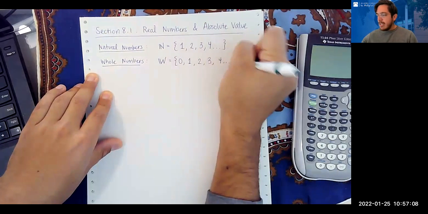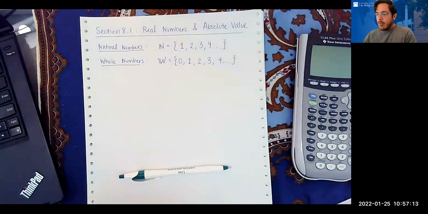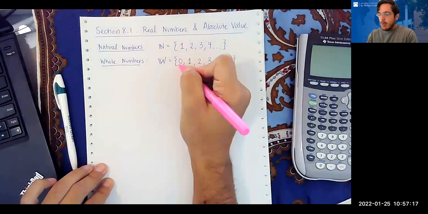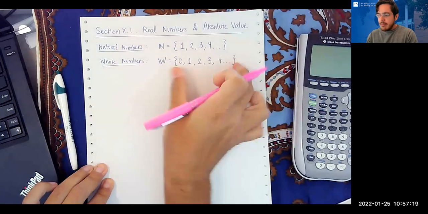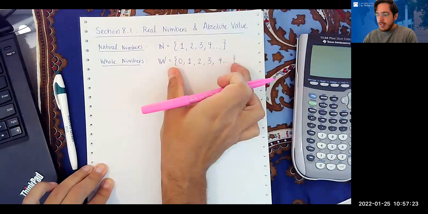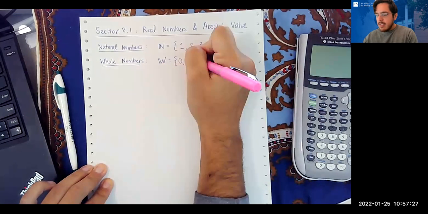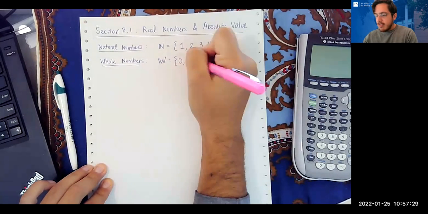So if I ask you which of these numbers in this set is a whole number, well, that's all of them. But if I ask you which of the set is a natural number, well, then you would say only these are natural numbers.